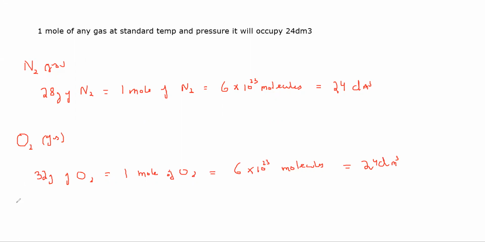So 1 mole of any gas, like if you have ammonia NH3, which is also a gas, the total mass is 17. So if we have 17 grams of NH3, it means we have 1 mole of NH3.